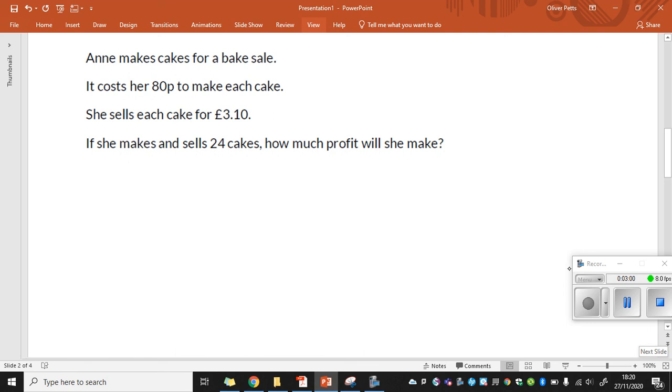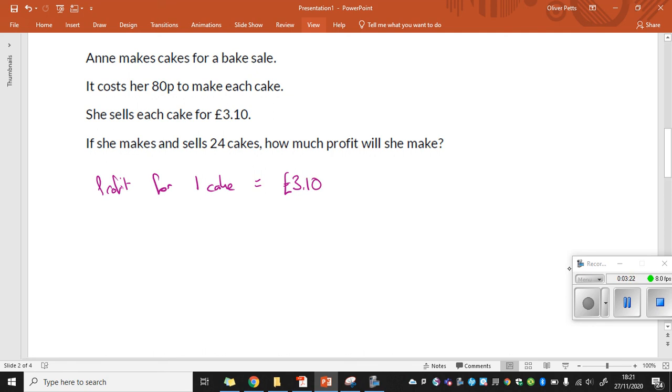Well, there's a few ways of going about this. One way of going about it is to work out how much profit Anne would make for one cake. So to work that out, we say, well, she has sold it for £3.10. Now, immediately you think, well, is this the profit that she's made?